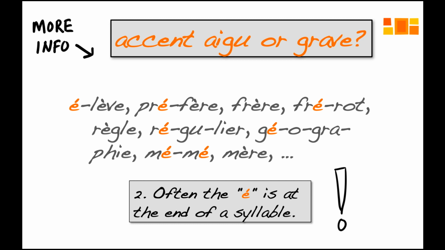But in the middle of a word, it actually is a good rule. So you want to remember this. Cut your words up in syllables, pronounce them, and often the E accent aigu is at the end of a syllable. Élève, préfère, frère, but frérot, règle, but régulier, géo, mémé, but mère.